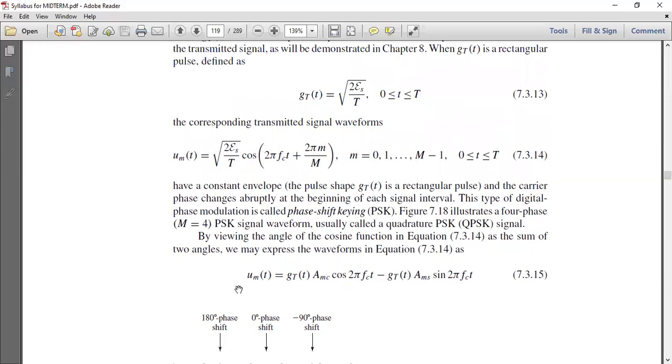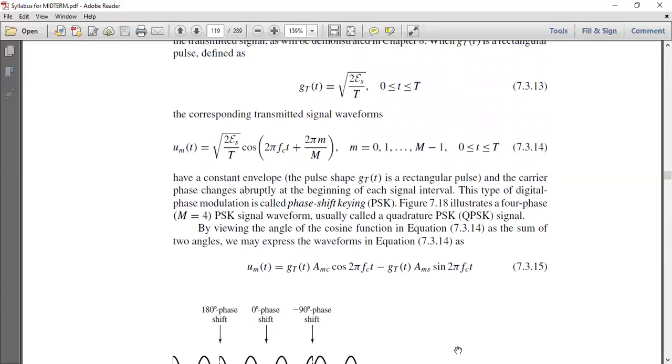So this is a very important equation. In this case, g(t) is the same, cosine 2 pi f_c t is the same, but the only thing different is A_mc and minus A_ms. These are coming from this expression.